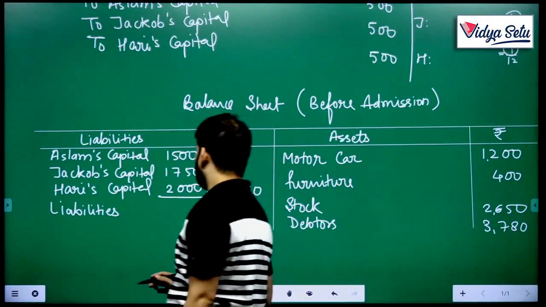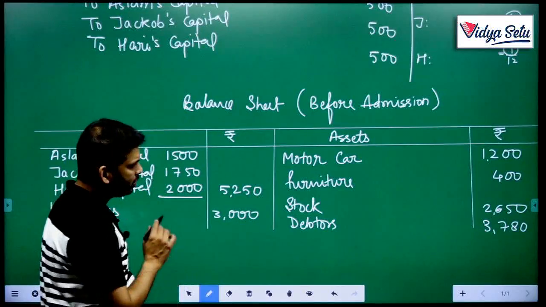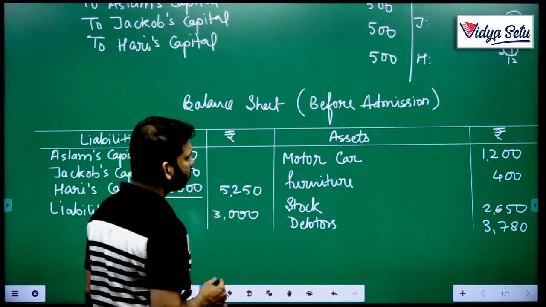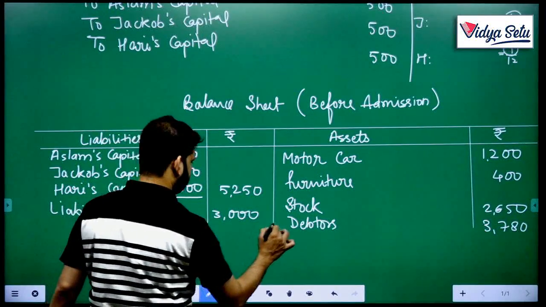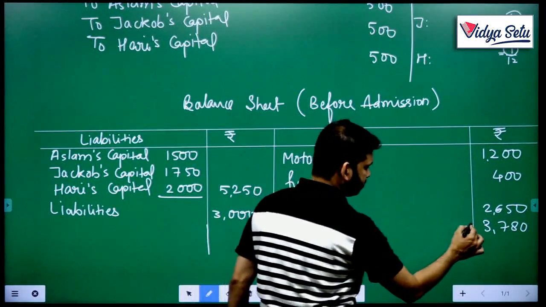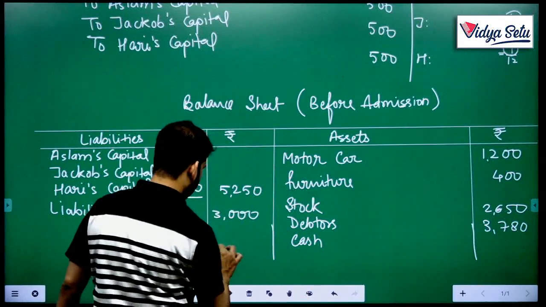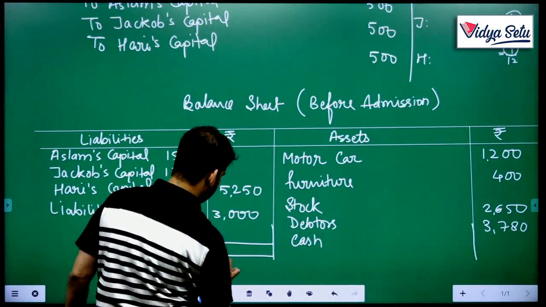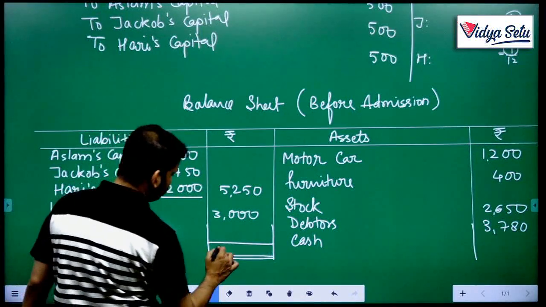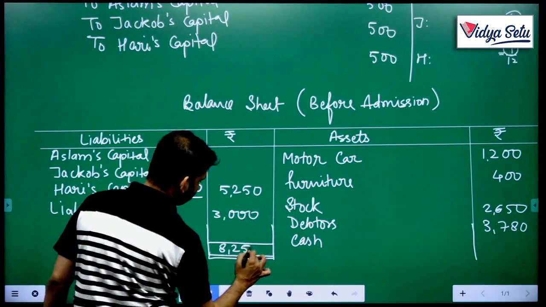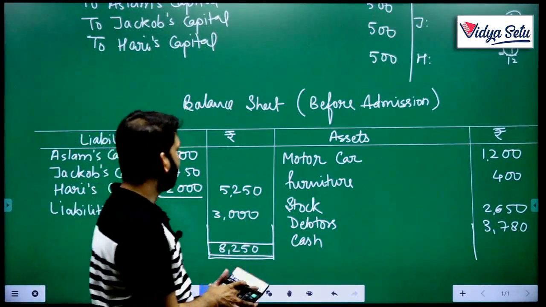Now, ideally the balance sheet should tally, but it will not tally because the cash is still missing. Let's see the total of the liability side: 8250. Hopefully the asset side will be less than this and the difference will be cash.